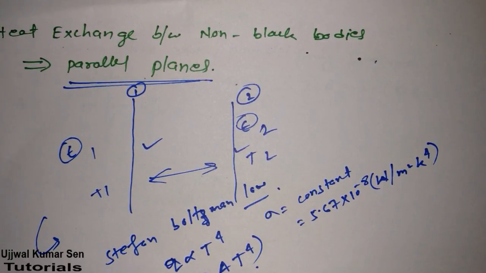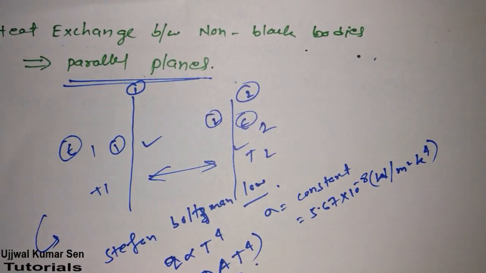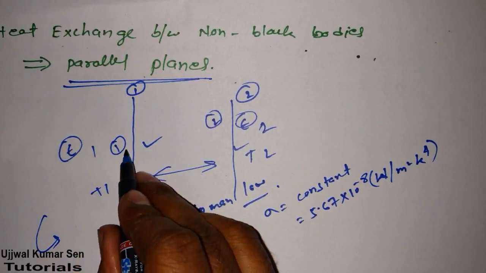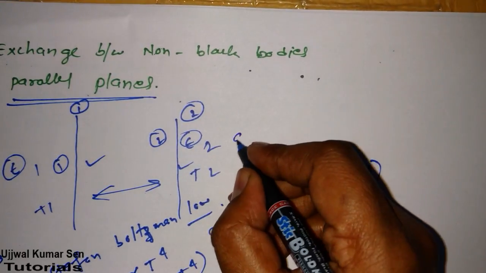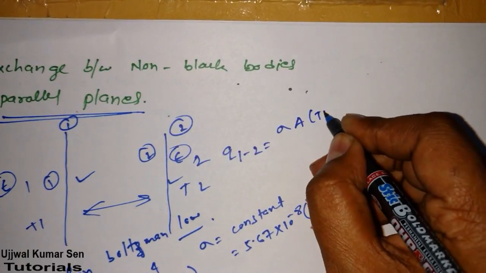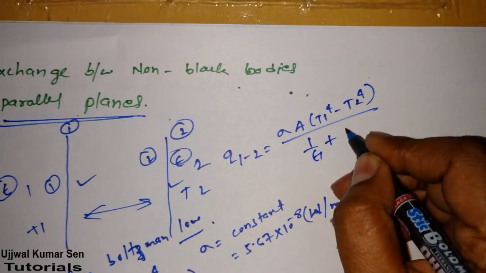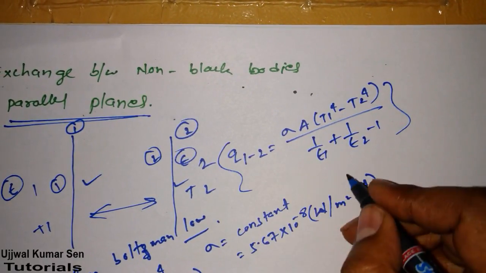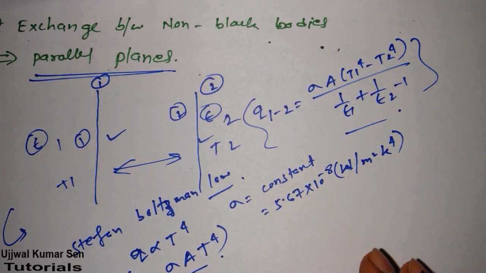If I want to find out heat exchanging from body 1 to body 2, then Q1 to 2 is equal to sigma A (T1 to the power 4 minus T2 to the power 4) divided by (1 by epsilon 1 plus 1 by epsilon 2 minus 1). So this is the formula for finding the heat transfer rate from body 1 to body 2 if both the bodies are in parallel planes.